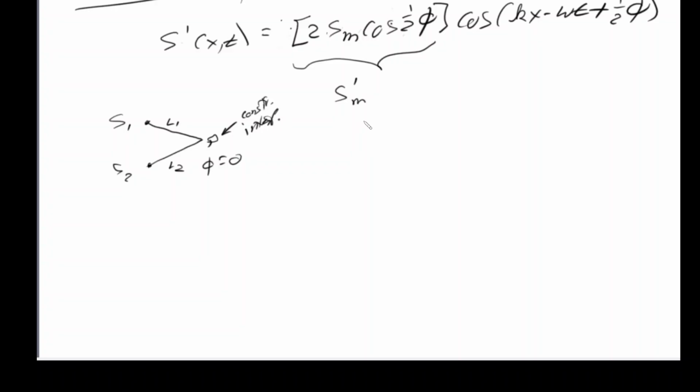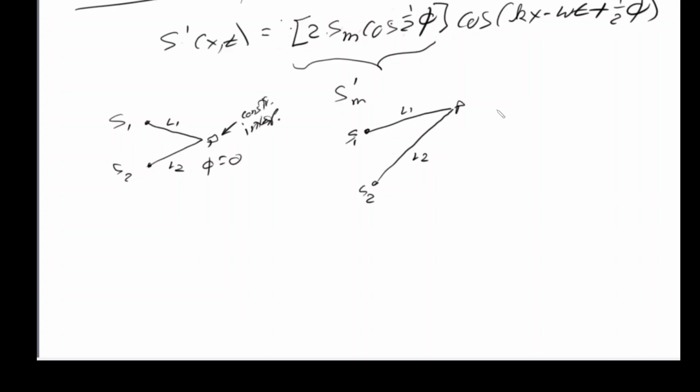Okay, but now we're going to change the lengths that they travel. So here's source 1 and here's source 2. And in this case, point P is over here. So this is length 1 and length 2. So you can see they travel a different distance.